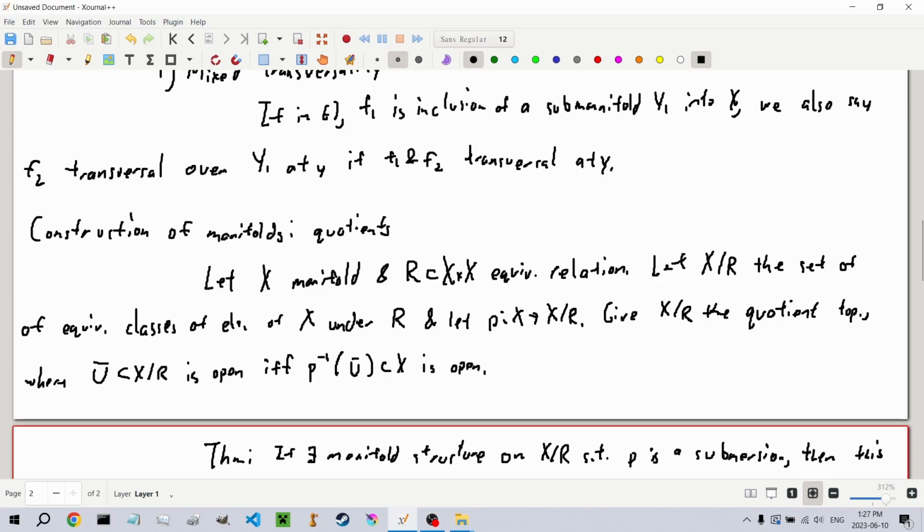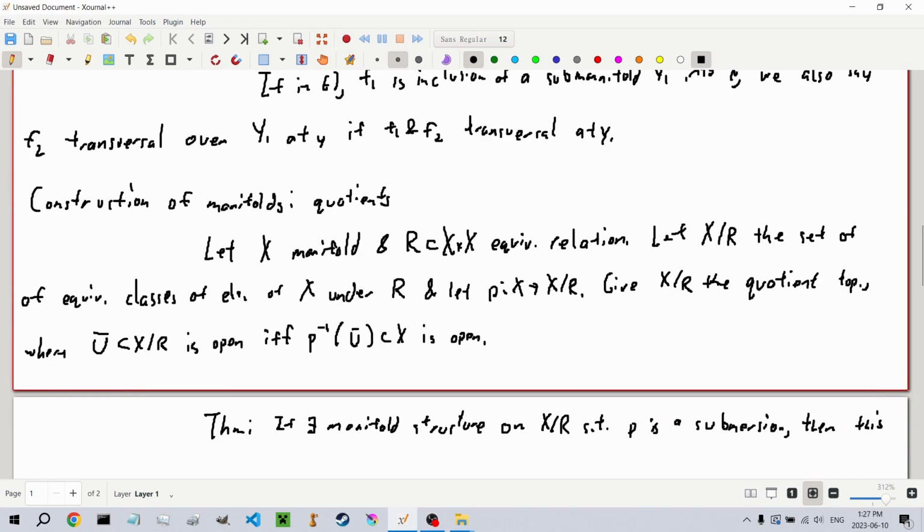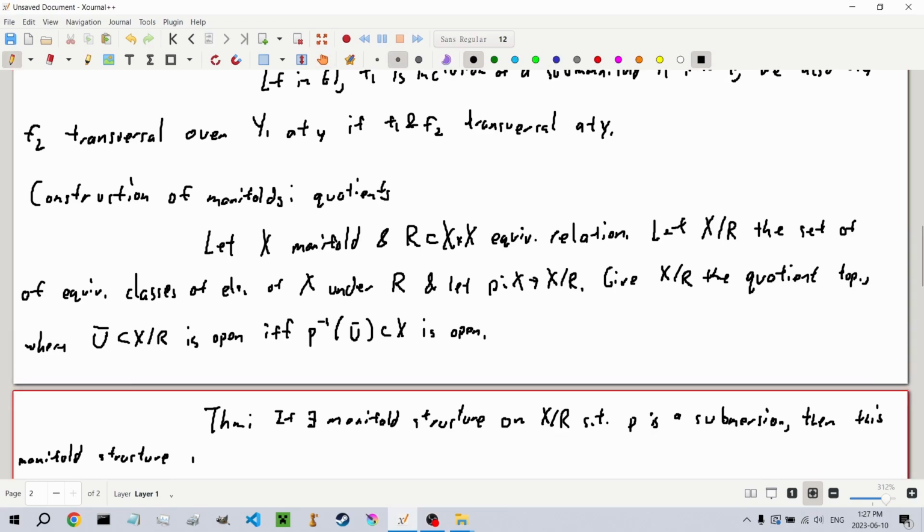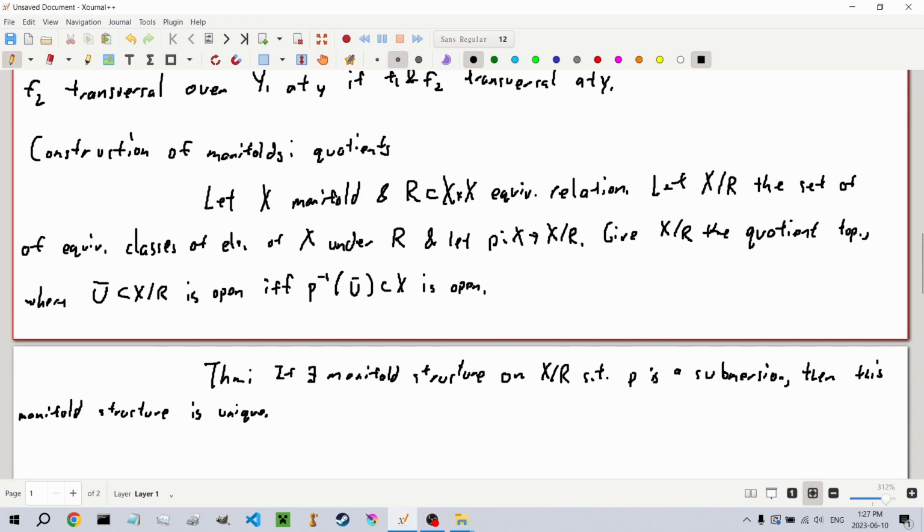then this manifold structure is unique. And the proof is actually pretty easy.